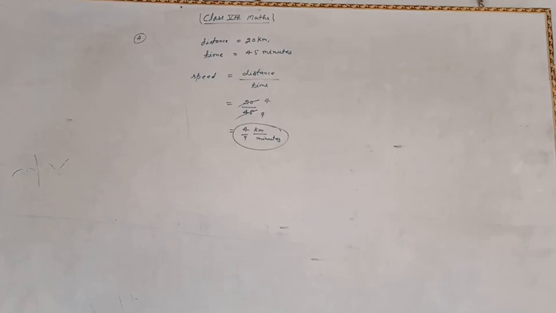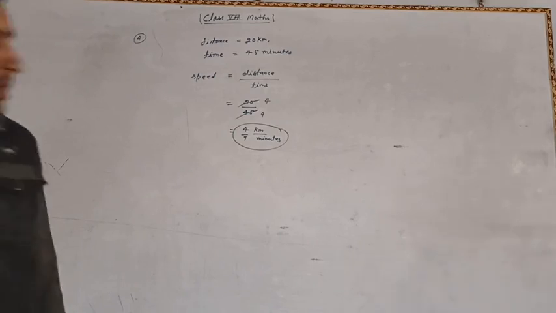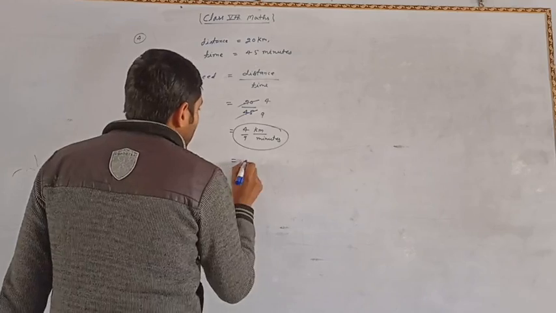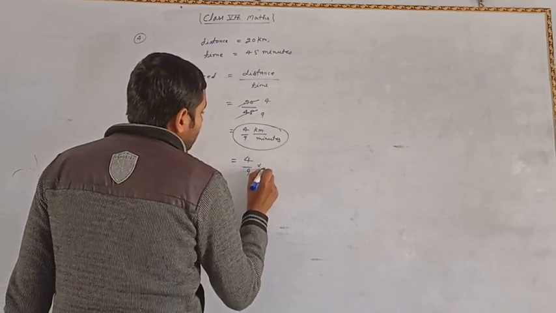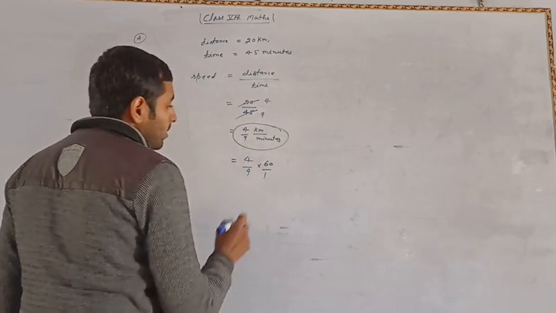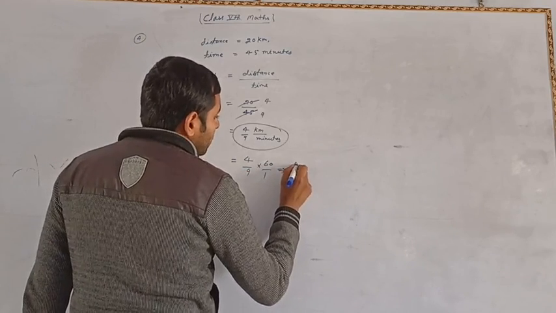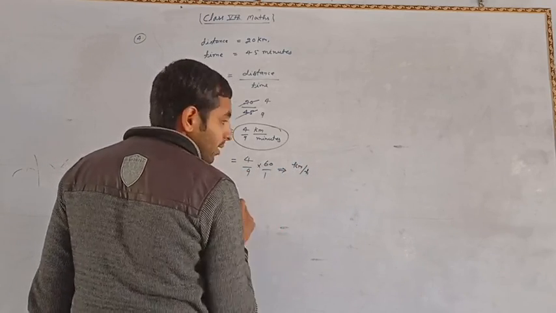So for this, you know that 1 hour is equal to 60 minutes. So 4 by 9 into 60 upon 1, then this converts into kilometer per hour.